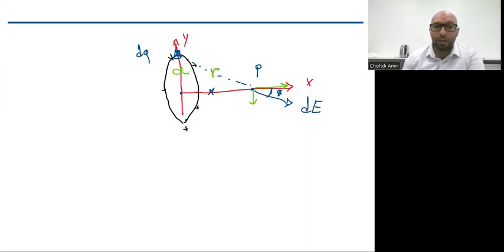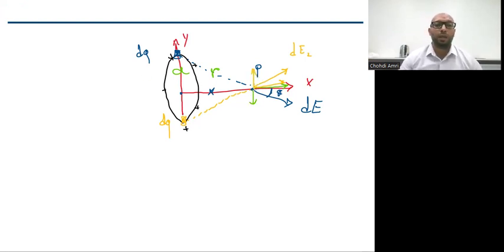Now, let me discuss the y component. Imagine at the same time that we have another dq on the opposite side. That means it's symmetric. This dq2 produces an electric field also outward. This electric field dE2 has an x component in the positive direction and a y component.